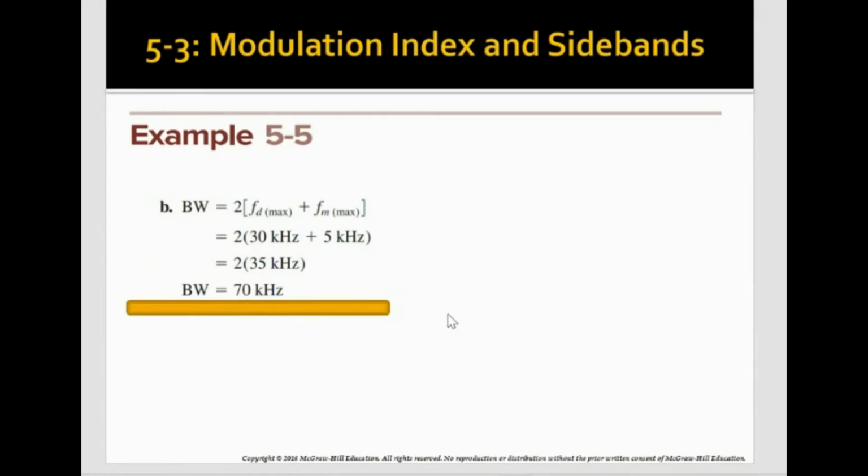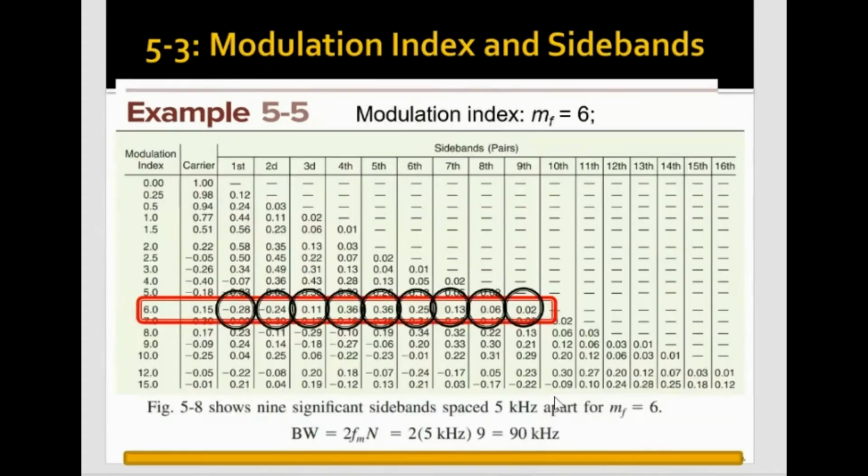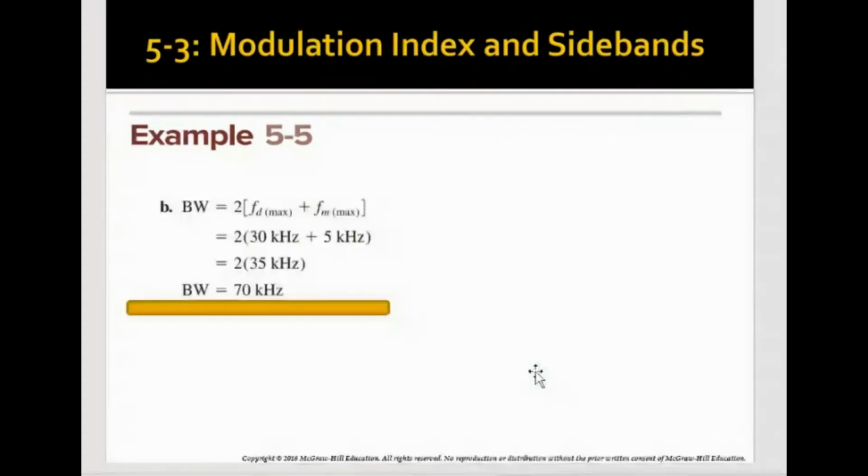So you can see one gives 70 kilohertz, the other 90 kilohertz. That is how we can calculate the bandwidth of our FM signals.